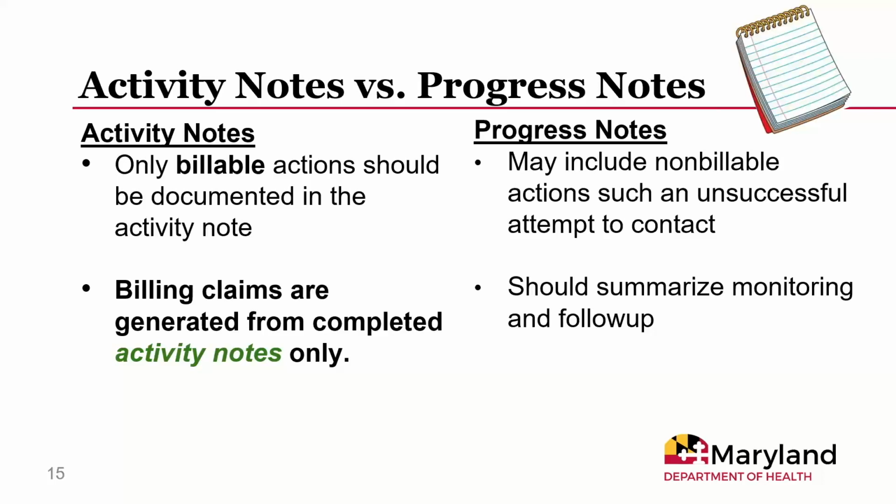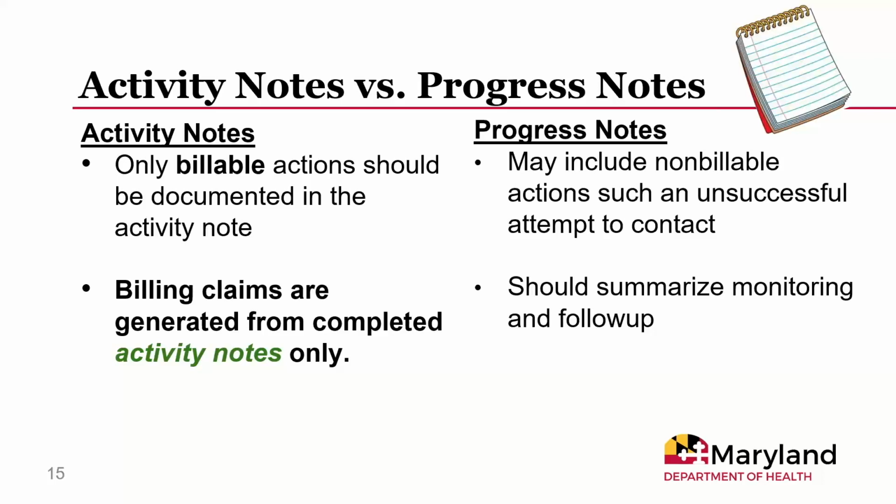As mentioned before, activity notes must be supported by other forms of documentation in LTSS in order to be verified during the quality review period. Billing, which occurs in 15-minute increments, is only pulled from claims generated from activity notes. Billing does not occur through progress note documentation.